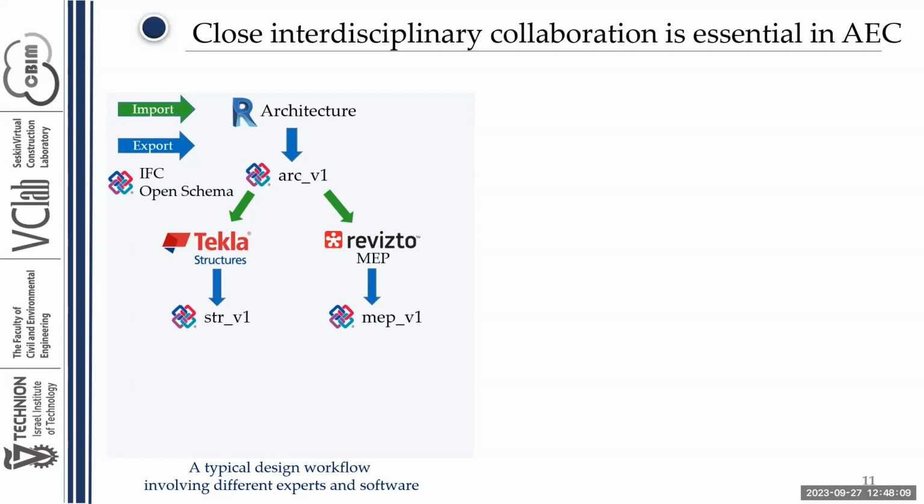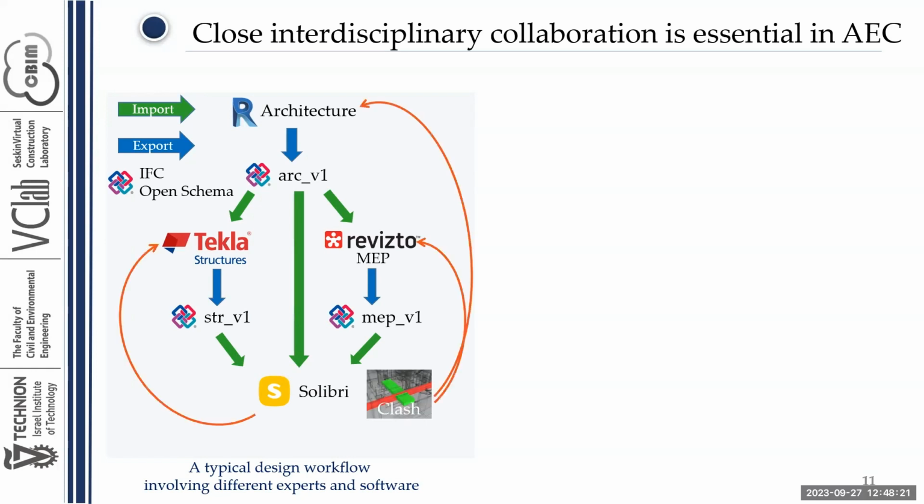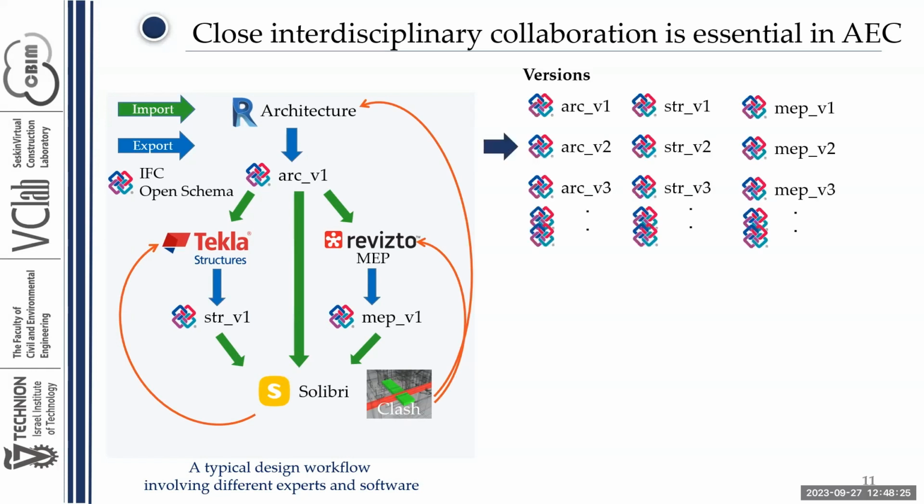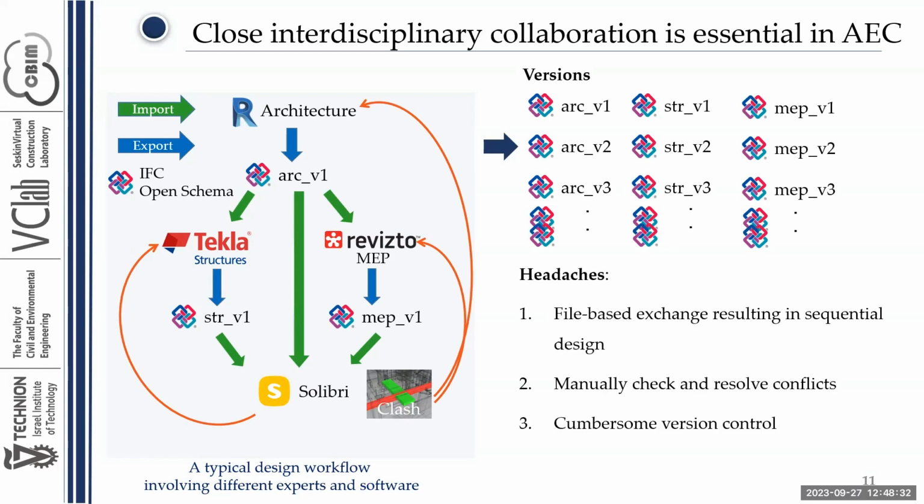After that, they also export their models into files, and then they input all their models into Solibri for clash detection. They find out clashes, which will guide them to improve their work. One run and another one, and they need to manipulate and control the versions of the files. At the end, they are confused about where they are.